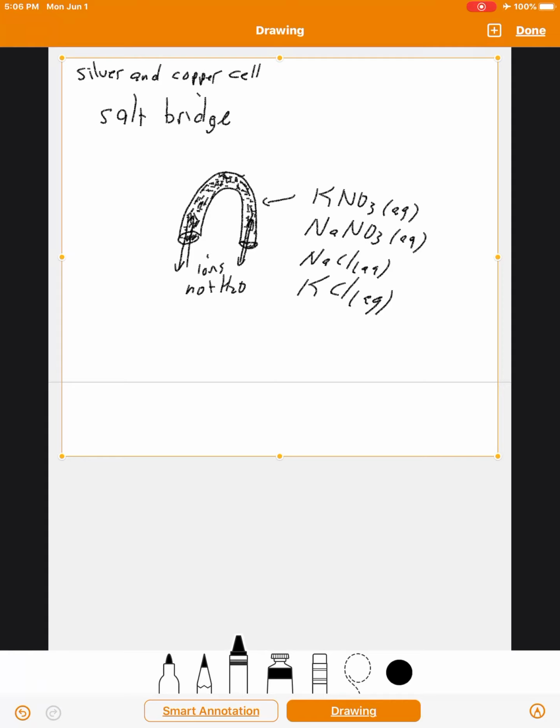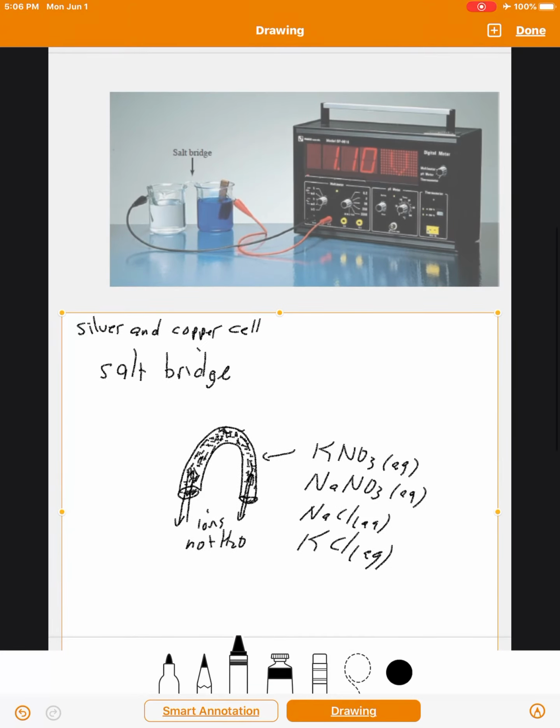So that's a galvanic cell. Now, you might ask, well, why is this salt bridge there? It's essentially there for the following reason.